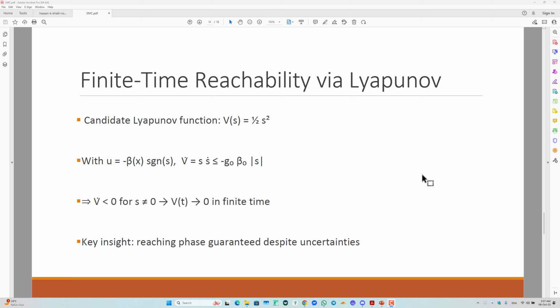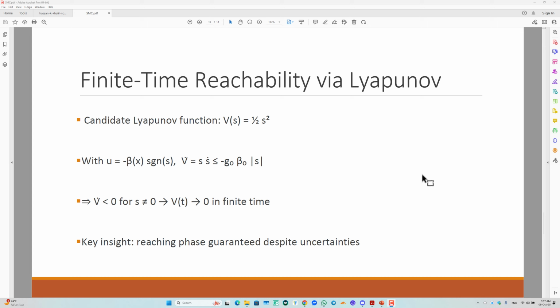We get that V dot equals s s dot is less than or equal to minus g naught b naught of absolute value of s. Since V dot is less than 0 whenever s is not equal to 0, the energy function V of t decreases to 0 in finite time.